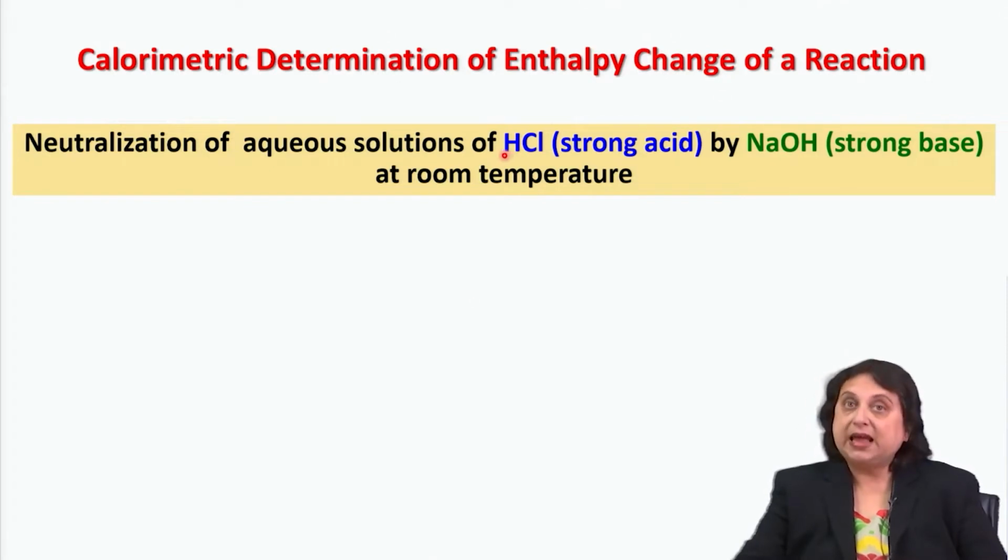So, that is the enthalpy that we are going to call the heat of neutralization. And in today's lecture, I am going to find out how to use calorimetry to determine the heat of neutralization of HCl solution by sodium hydroxide solution.